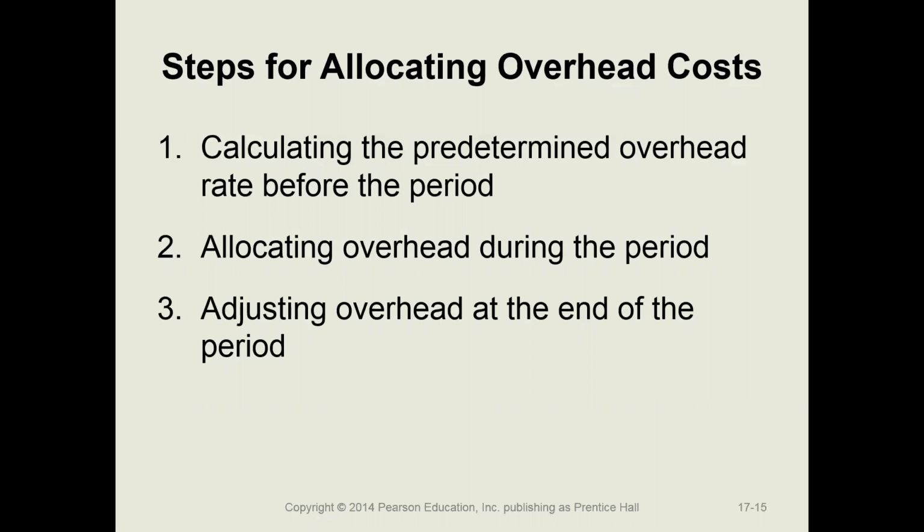So we need to estimate that amount so that we can allocate or charge overhead to jobs during the period as they're being worked on. And then at the end of the period, we know what the actual amounts are. If the actual amounts turned out to be different than the estimated amounts that we used at the beginning of the period, then we need to adjust the overhead.